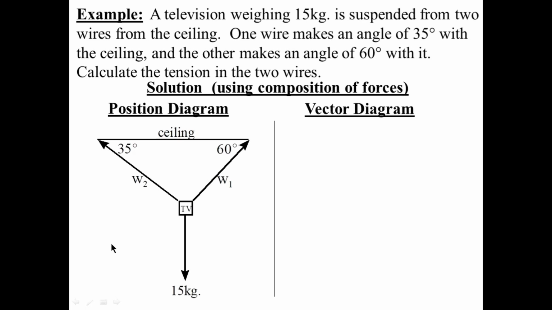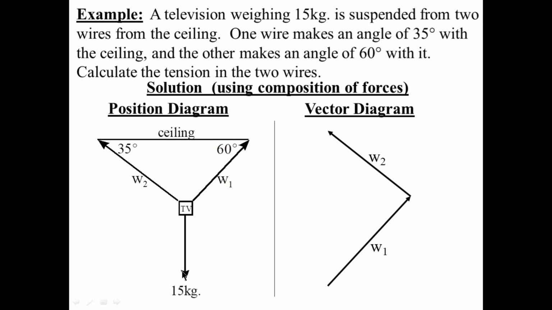Then we're going to draw this thing called a vector diagram, which means that we're going to draw these vectors over here in a triangle. Now, any vector I draw has to be parallel. I'll start with wire 1 here and draw a vector parallel to that. Then I'm going to draw a vector parallel to wire 2, but I'm going to attach it to the end of wire 1.